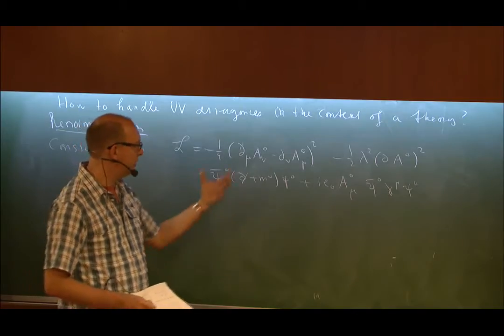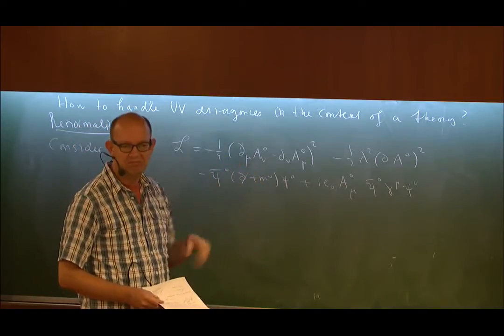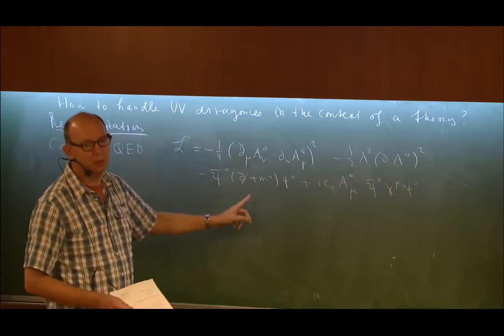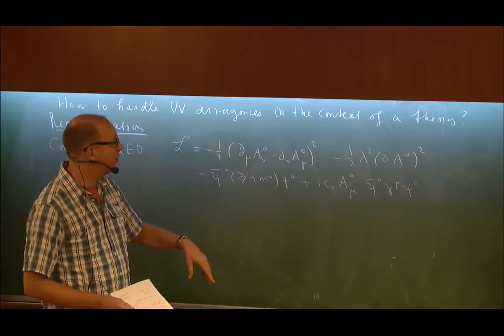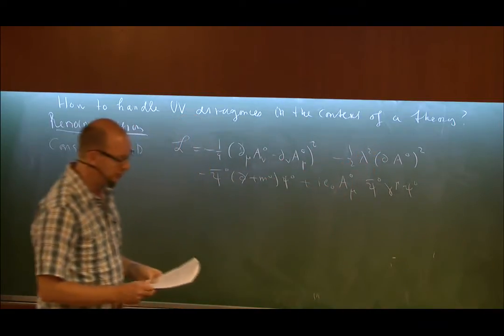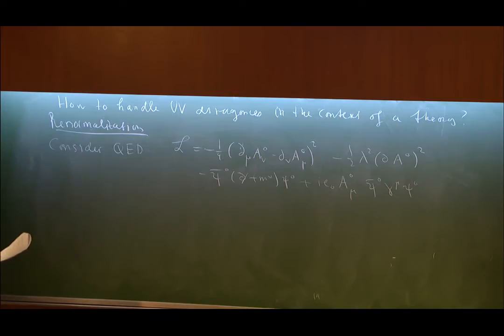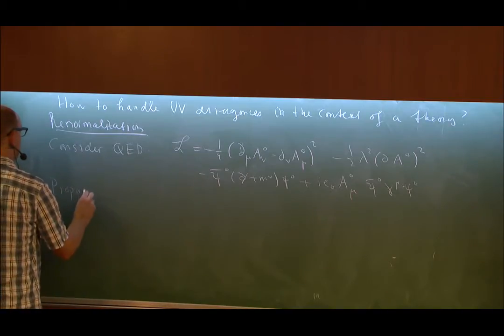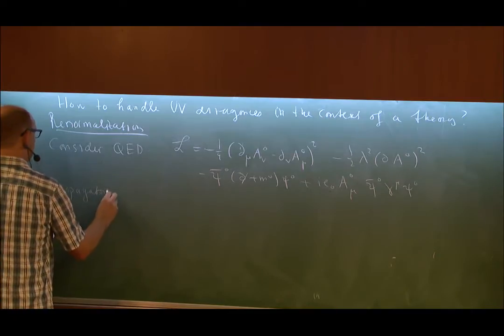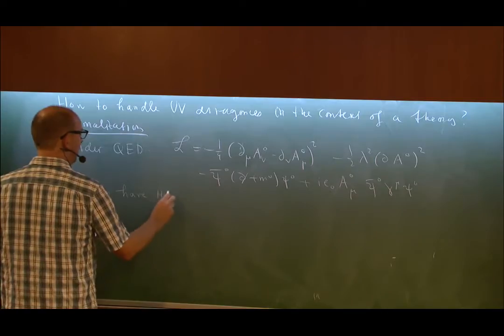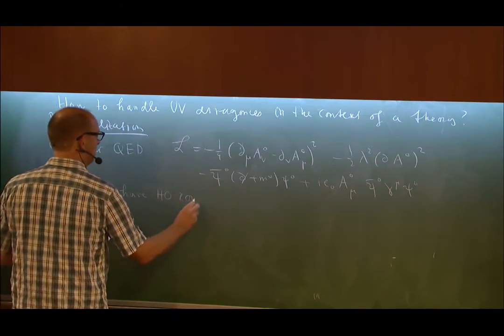Remember, for propagators, you take the kinetic part and take the inverse. Therefore, this is just the inverse propagator. And at the same time, if you write this in momentum space, this will be the inverse photon propagator. Propagators do have higher order corrections.